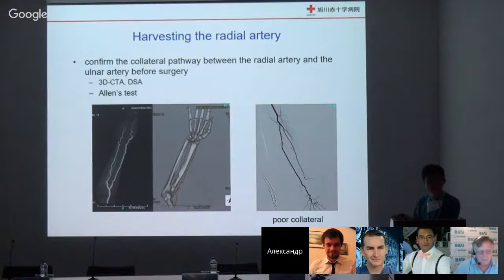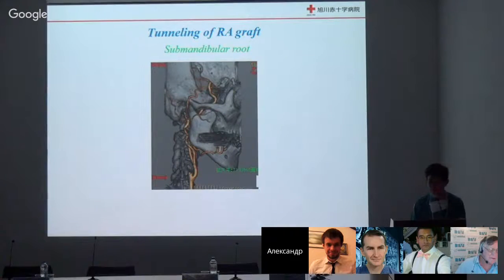Do you know the Allen test? We must confirm the collateral pathway. If the collateral pathway is poor, we must harvest from the opposite side or use saphenous vein. It's important, also for safe surgery. The most complicated risk of this surgery is occlusion of the graft.